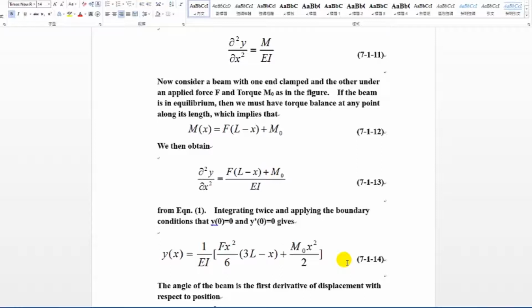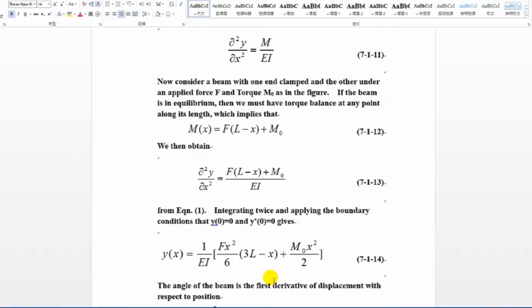When you put the value into L here, you get the maximum at the tip. But at the tip the strain is the smallest, because the curvature is the smallest at the tip.